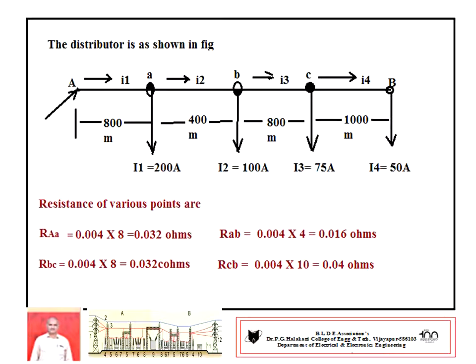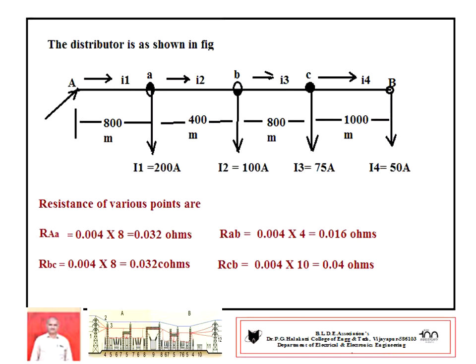See, the distributor is as shown in the figure. The voltage is fed at point capital A, that is 250 volts, so it is concentrated loads fed at one point.